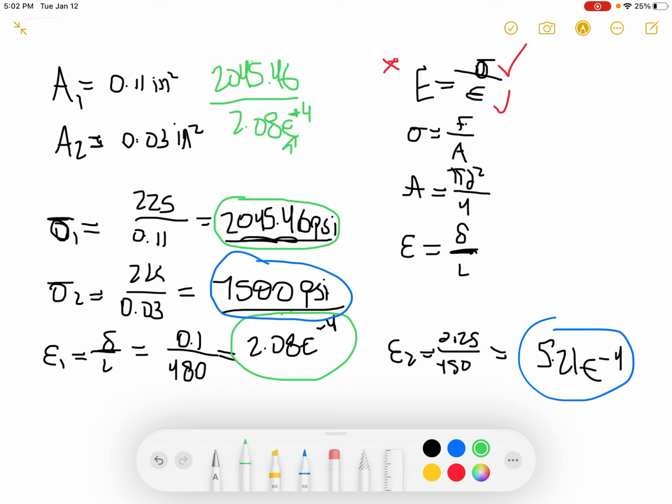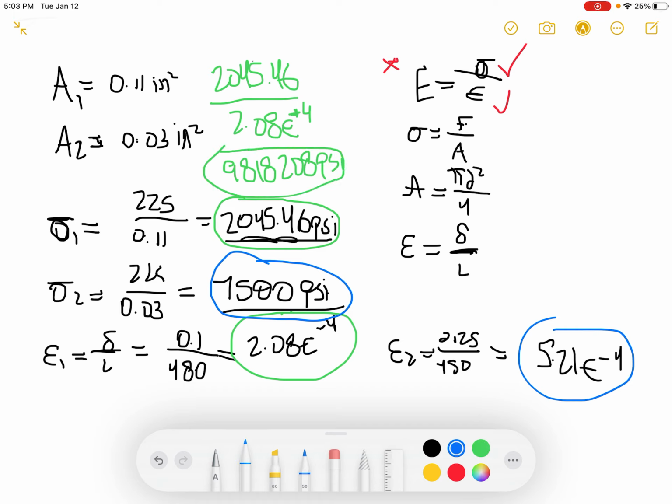Now, you obviously probably can't type the e in the calculator. Just do times 10 for that. And when you get that, the random number I gave out earlier is the answer for the modulus of elasticity for wire 1 is this.